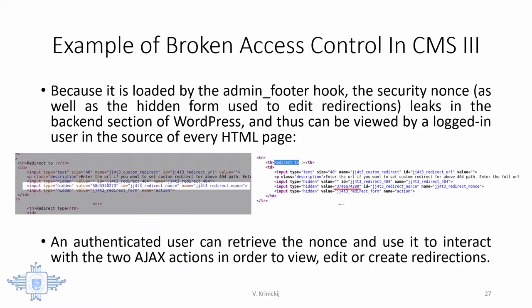So the nonce is leaked in the backend, and basically you can use it to craft these types of links. Of course, depending on the scenario, you still need to be connected to the backend for these requests to go in and out. These requests go through AJAX.